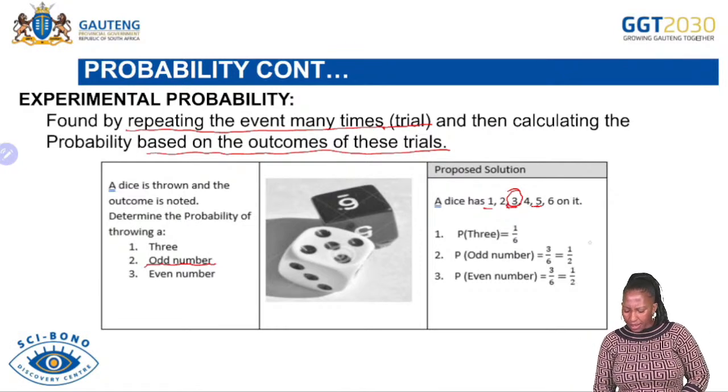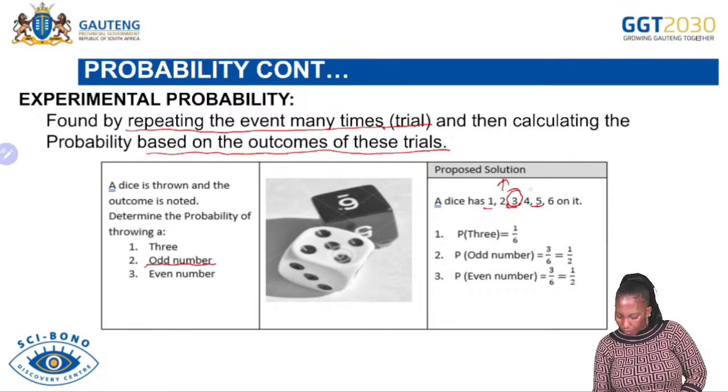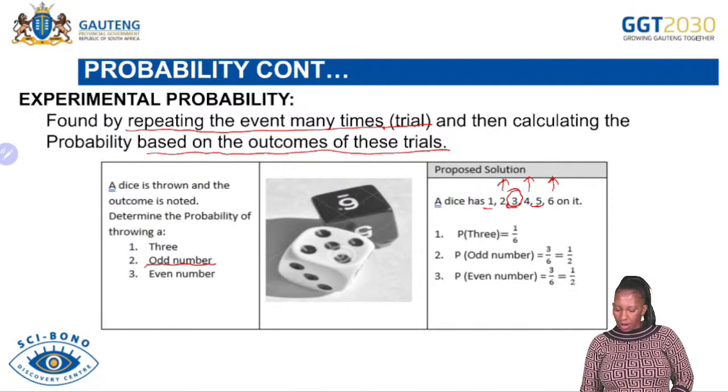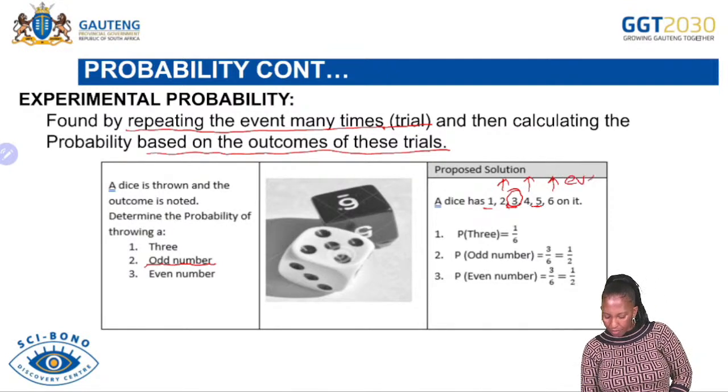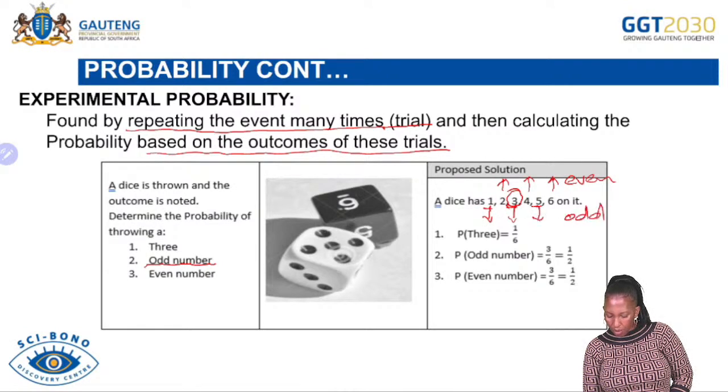Even numbers, we saw our even numbers, it is 2, 4, and 6. These are our even numbers. And then the odd numbers, let me maybe do this so that you can see when we talk about the odd numbers. These are our odd numbers.